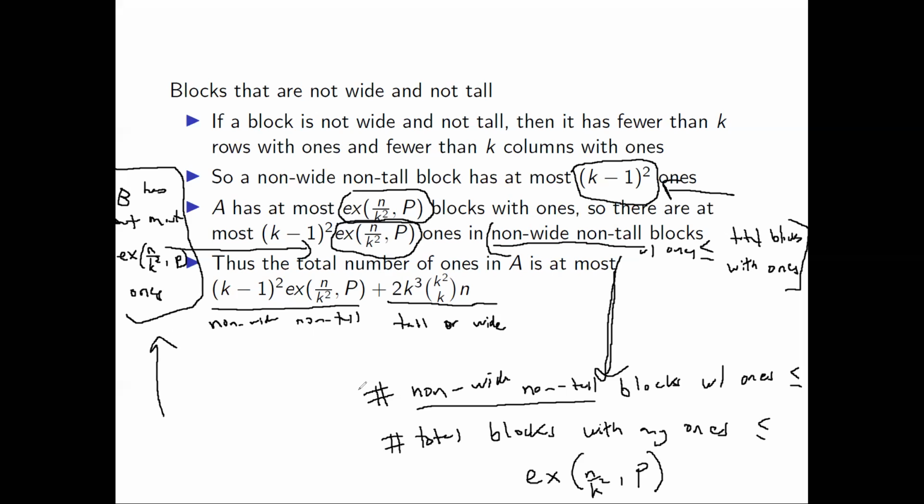So the number of non-wide, non-tall blocks with ones is at most ex of n over k squared comma p. And in any of these non-wide, non-tall blocks, the number of ones is at most k minus 1 squared. So the number of ones in these blocks is at most this quantity times this quantity, and that's how we got that. Hopefully that was a little clearer than before. Okay, so there's a little more to say.